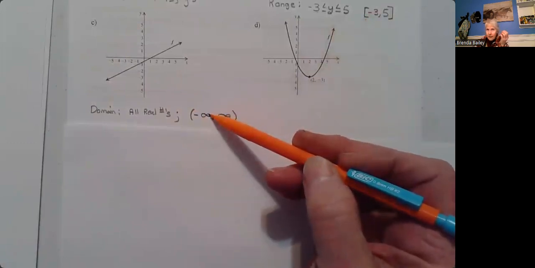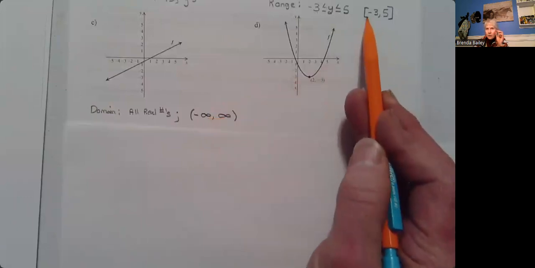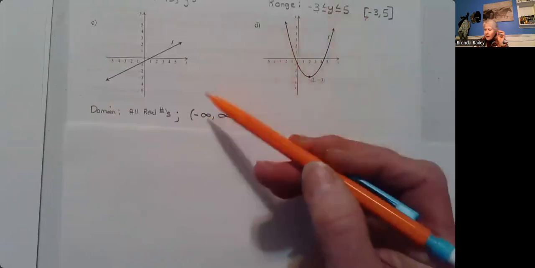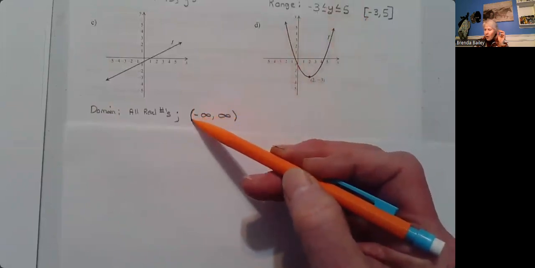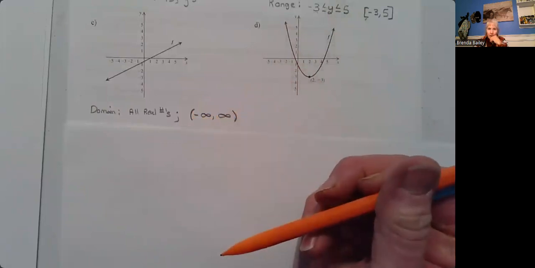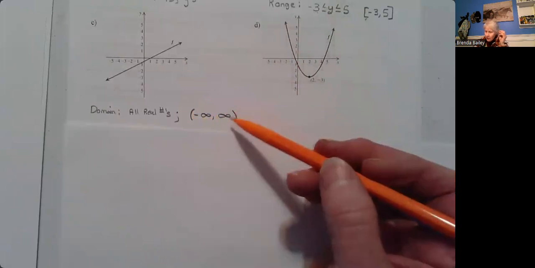Infinity is a concept of getting larger and larger, or smaller and smaller. Because it's not an exact number, it cannot be equal to it, and that's what the brackets mean. Whenever you have infinity, you always use parentheses. So negative infinity to infinity with parentheses. That would be the domain in interval notation.